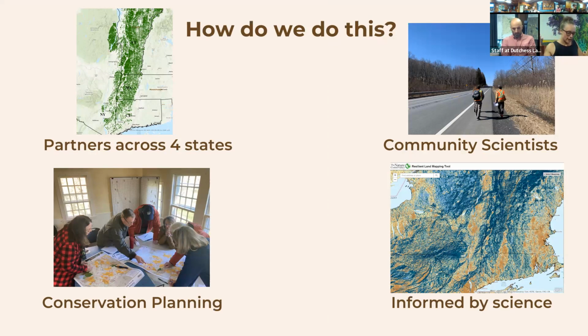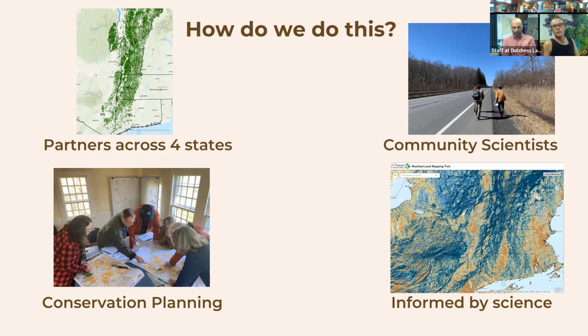We take this concept and bring it down to the local level and do a lot of strategic conservation planning to say, we know where these last remaining big blocks of forest are. What does it look like at the town level or at the county level? And what does that mean for conservation efforts and each of our own stewardship efforts?